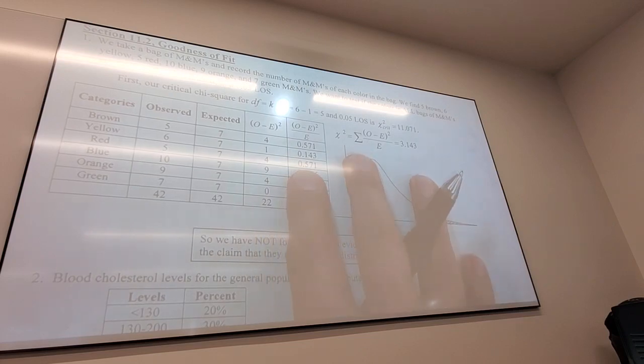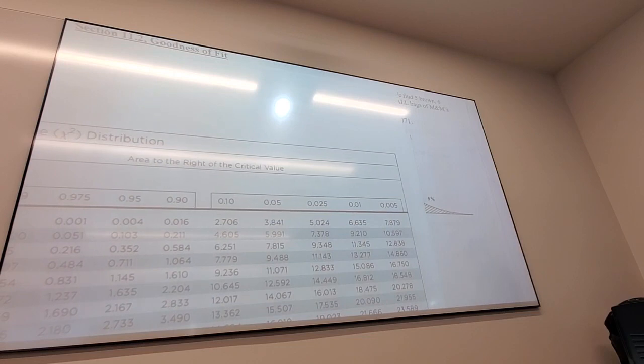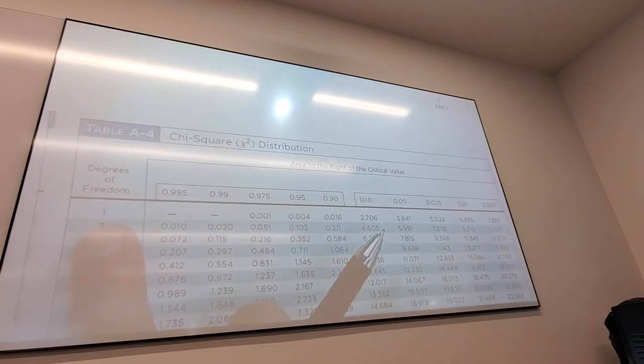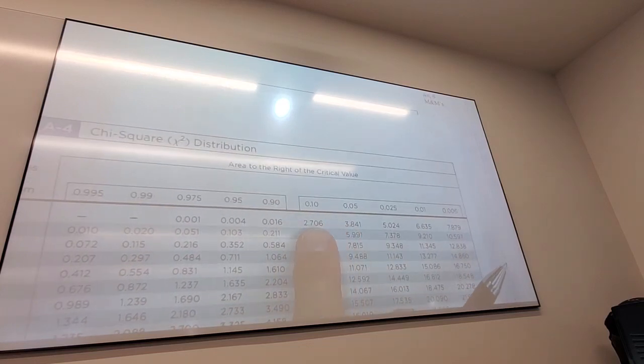By the way, I do want to say one thing. Let me see if I even remember this. Can somebody look at degrees of freedom of 1? Can somebody really quickly take the square root of 2.706?